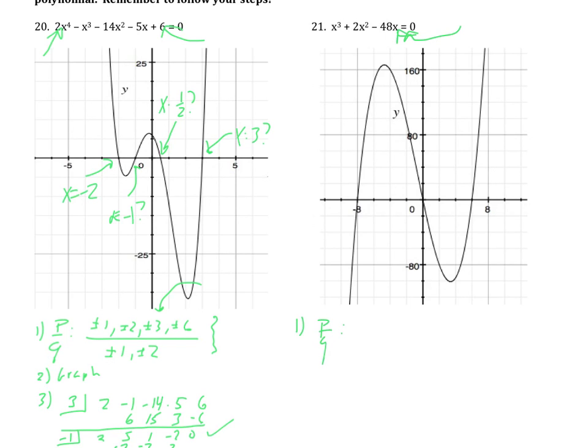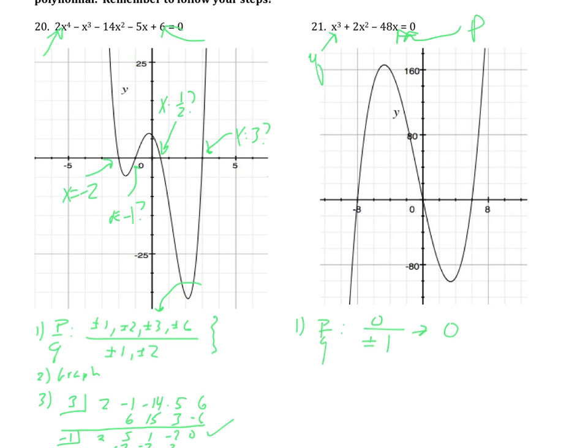So, in reality, your P is 0. So I'm going to have a 0 here. Then our Q is the leading coefficient, which is a 1. So this is going to be plus or minus 1. Well, what this implies is that the only rational possible root is 0.